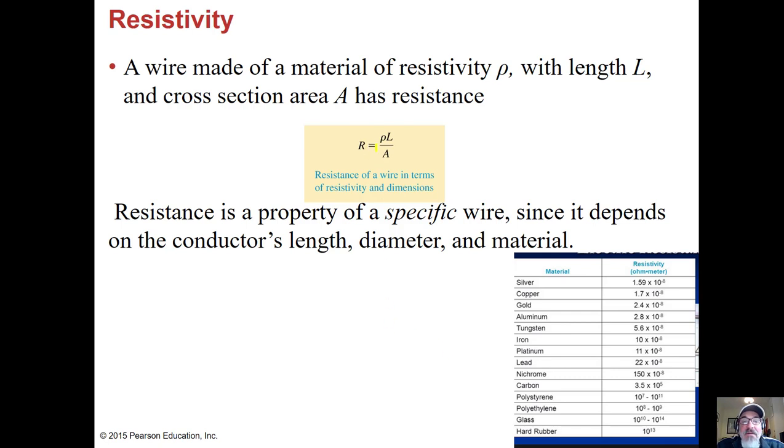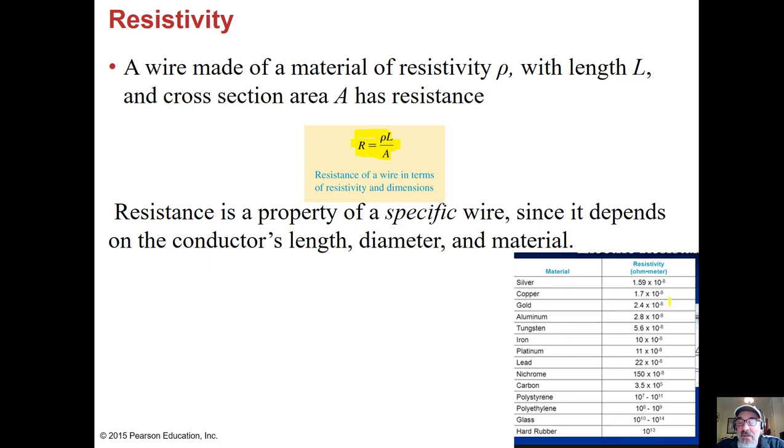Resistance then, you already have one for resistance, how it depends on voltage and current. Here's a way of calculating the resistance just on how long a wire is, the cross-sectional area of the wire, and the resistivity. So the resistivity doesn't change. It does change with temperature, but resistivity is just a property of whatever the wire is made out of. The resistance depends on how long it is and the cross-sectional area.